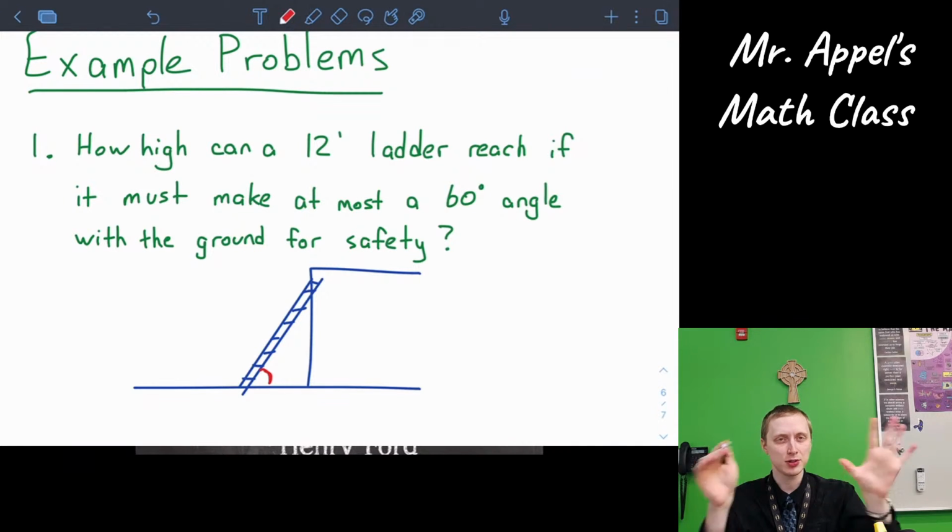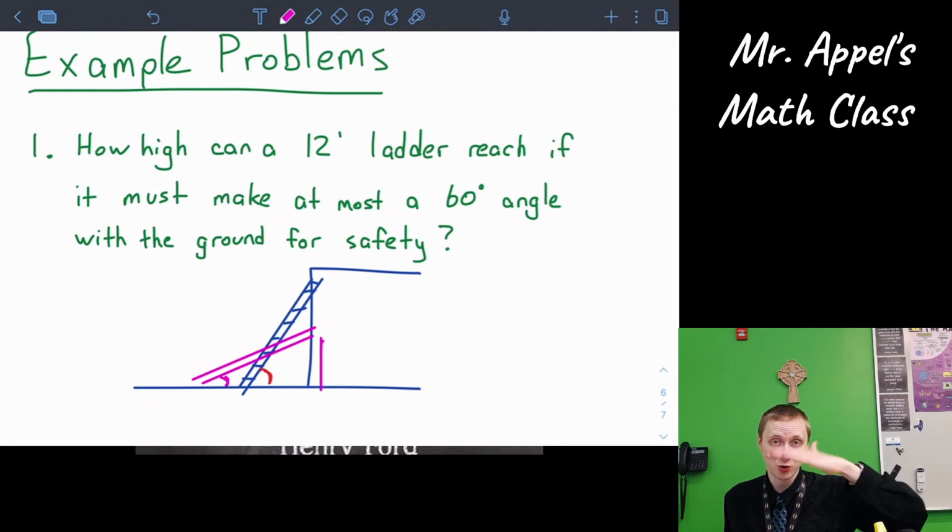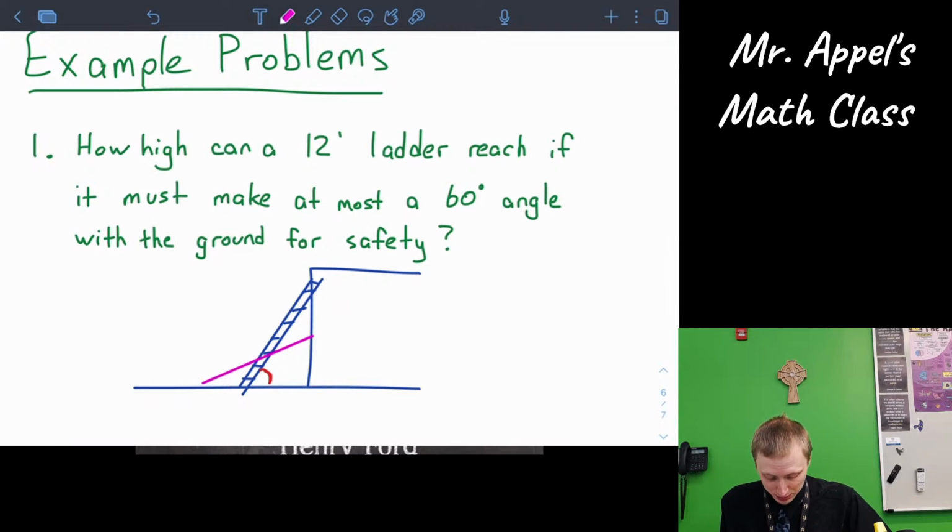Or is that trying to throw us off and be like, no, you should actually make it even smaller than that? What if I drew my ladder like this? If I had a flatter ladder, so a smaller angle here, I definitely end up with a shorter height that it reaches. Agreed? So we definitely want to max out that angle to get the most reach possible.